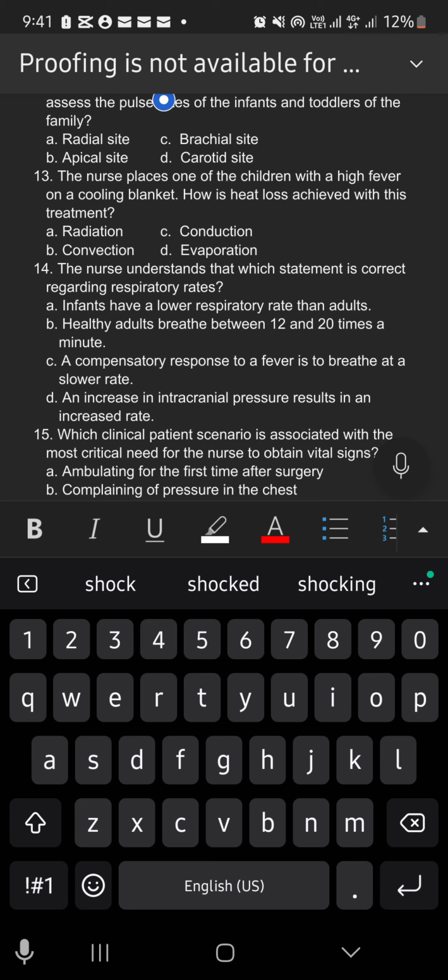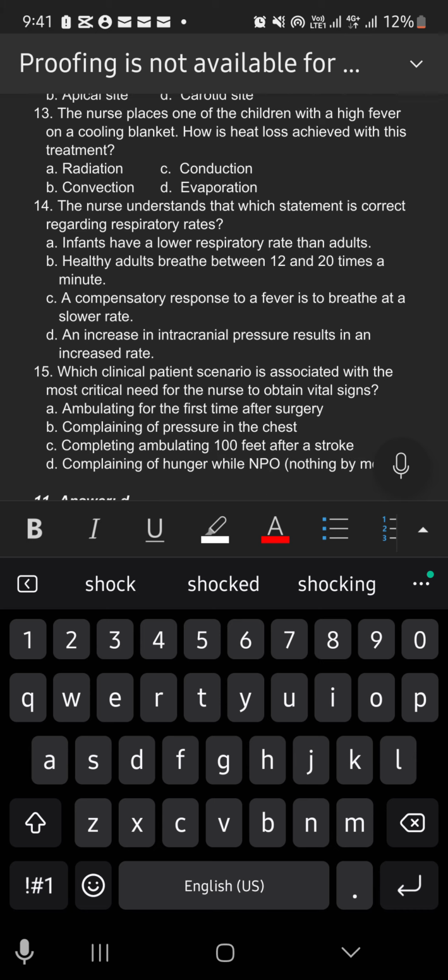Evaporation: especially when you bathe the baby after 24 hours of delivery, make sure the baby is thoroughly dry, because there's water on the skin of the baby and the water will have to evaporate. That means the baby will feel cold, which is heat loss.